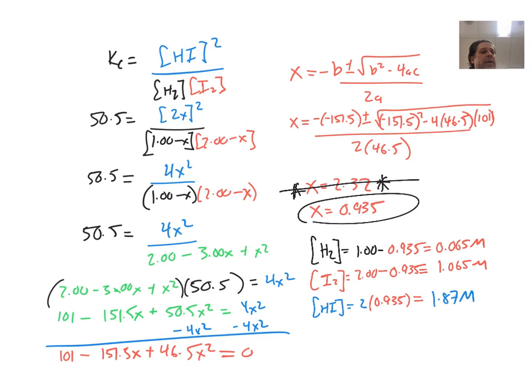A way to make sure that you've done this right is to go back and check. If you plug all of these concentrations into your Kc expression above, you should get the value that you were told Kc was, which was 50.5. So if we wanted to check that, Kc would be equal to the concentration of 1.87 squared over the concentration of 0.065 and the concentration of 1.065.